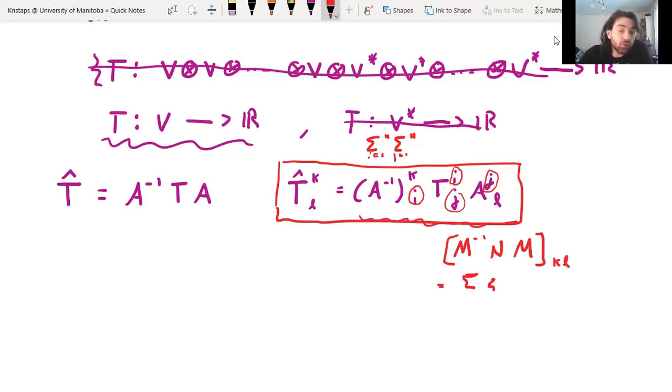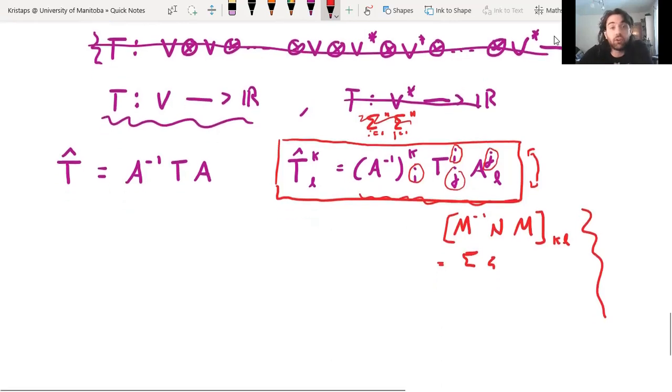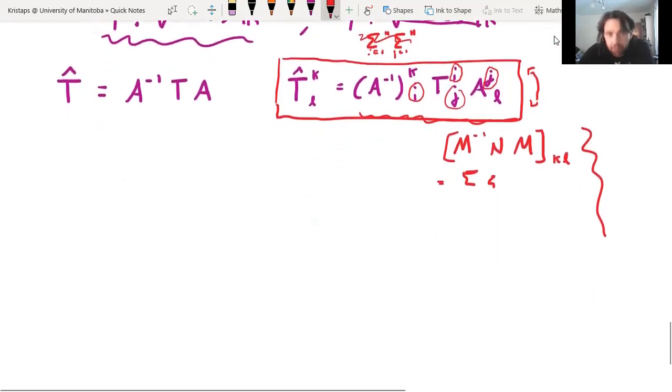But I'm just rewriting this in terms of our new, more compact Einstein summation convention, where we don't have to worry about these sums, and now our indices are in different places. This looks maybe a little fancy and complicated, but it's really just a rephrasing of classical matrix multiplication.